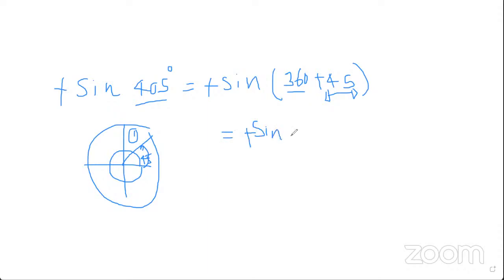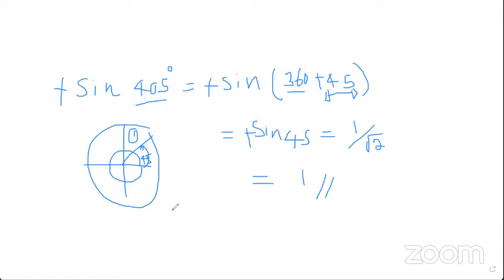Sine 45 is what? 1 over root 2. In the same manner you can get cos 405, which is also located in the first quadrant, and you get the same answer, 1 over root 2. And tan 45 is also in the same quadrant, but tan 45 is just positive 1.